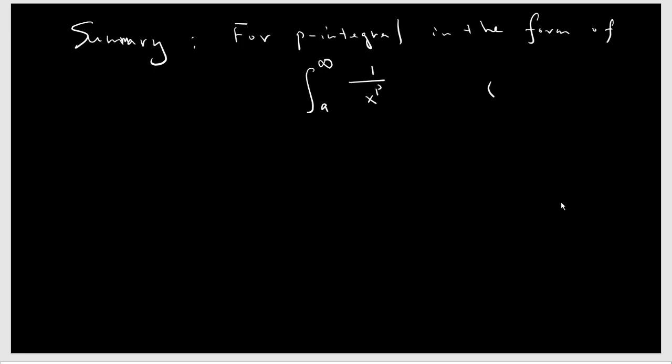I'm going to write a note in here. A is a positive number. A can be 1. I think the 3 questions we did were for the a value of 1, right? Actually, a value can be 2, a value can be 3, a value can be 0.1, any positive number. We call an integral like this a p integral.